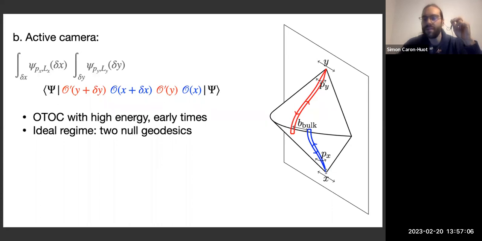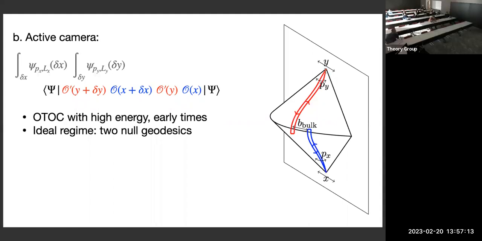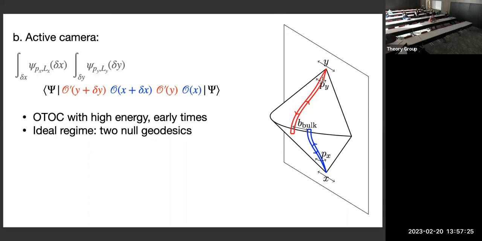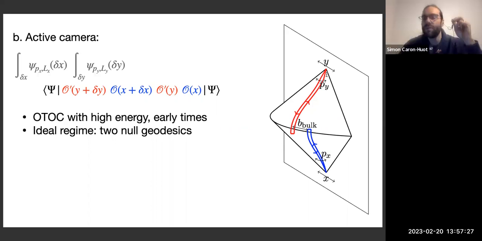Now the data is a bit simpler to describe because now we basically have two shooting points, X and Y. And the small differences, delta X and delta Y, are Fourier conjugate to basically the initial conditions of null geodesics. So now this correlation function in the bulk picture, it's a 4-point function on the boundary. And in the bulk, it's like a correlation function involving two null geodesics.